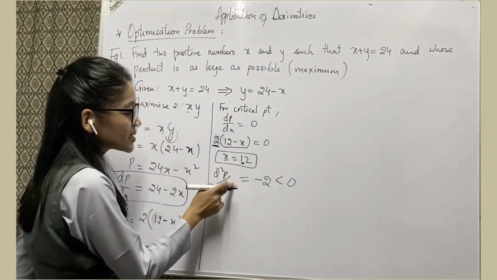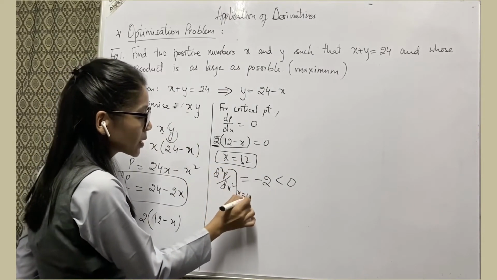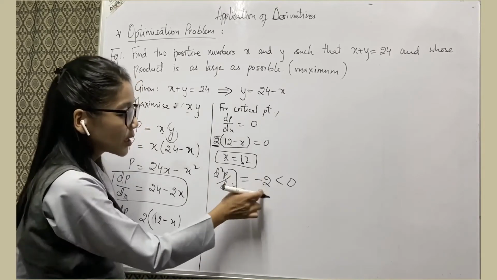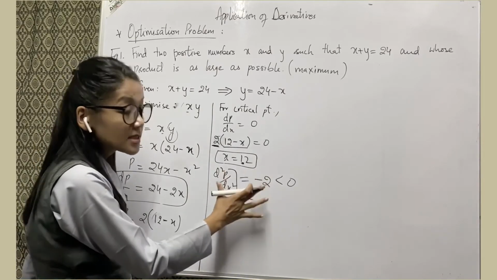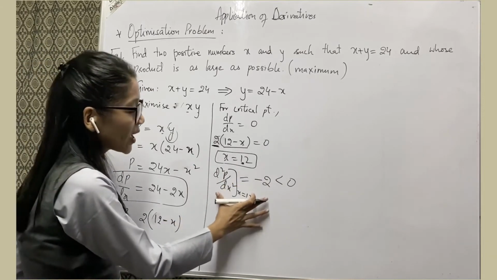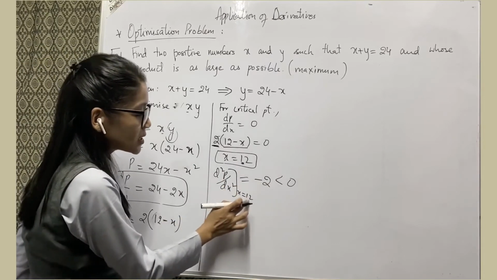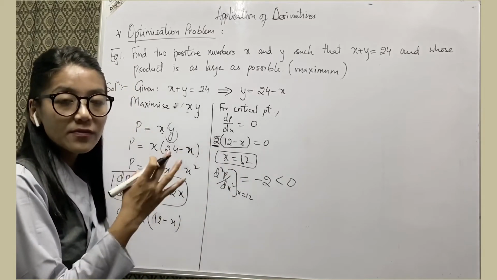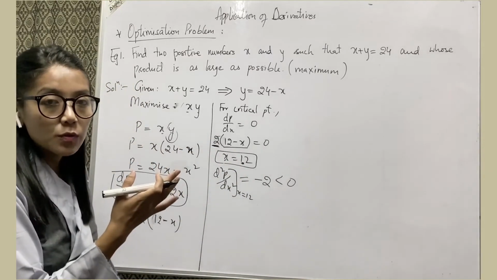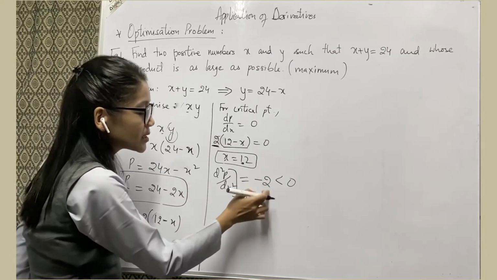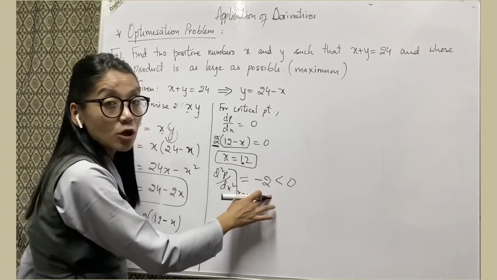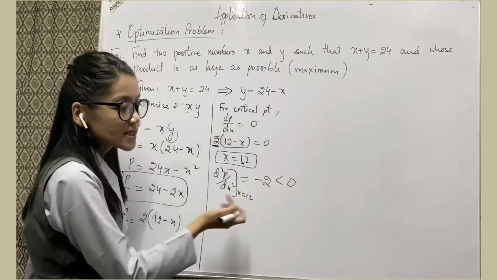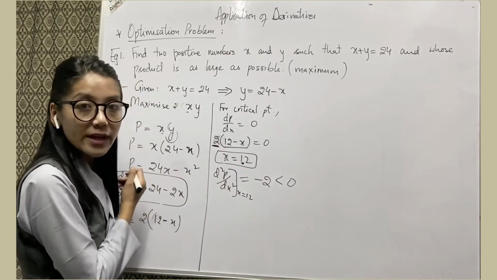If you get some value of x here, then this is the most important step: you have to show that when you put this value here, that is a negative term, if the question is a maximizing problem, okay? But here in this question it's quite simple, we already get a constant here, so whatever value you put, that will be the same. So negative 2 means it is less than 0, so you don't have to substitute anything over here.